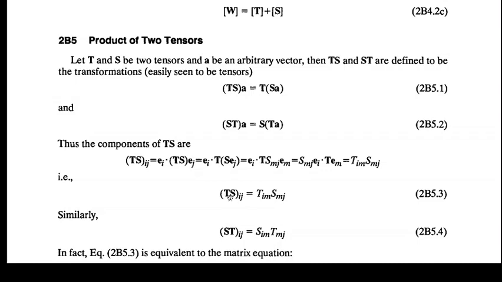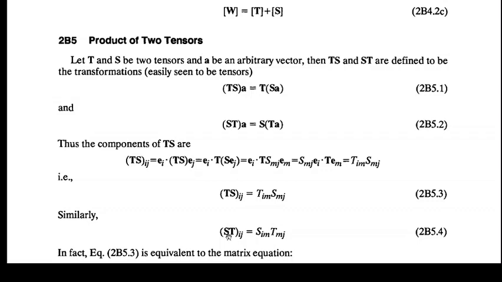If this is ST, then any ijth component of ST will be, from this equation 2b5.3, Tim Smj. You can see that T is at the first position and the index i is at the first place of this product, so i will be the first index of T, and j is in the second position, so j is the second index of S, and m is a dummy index.